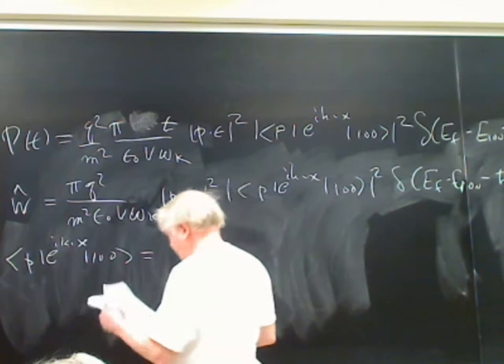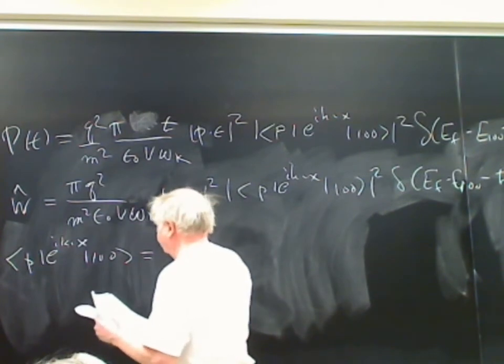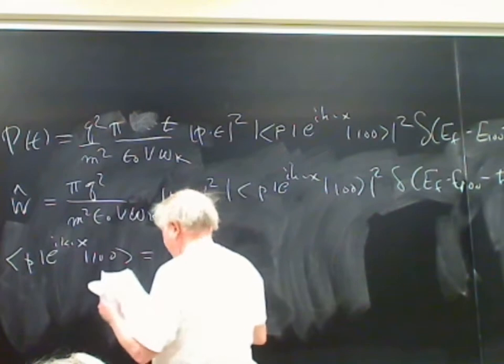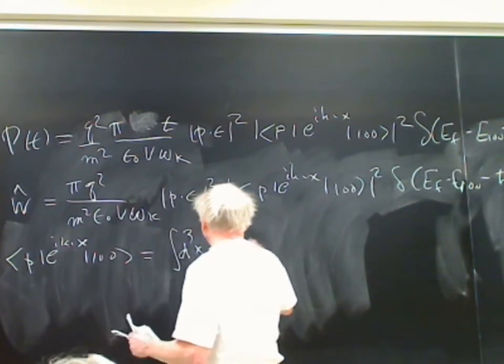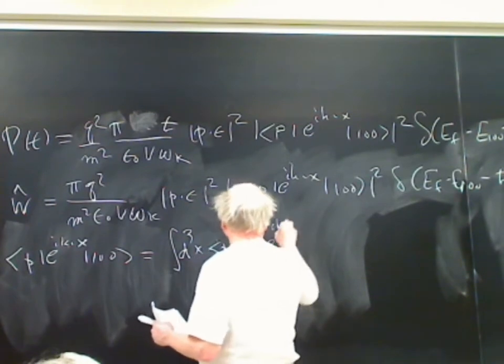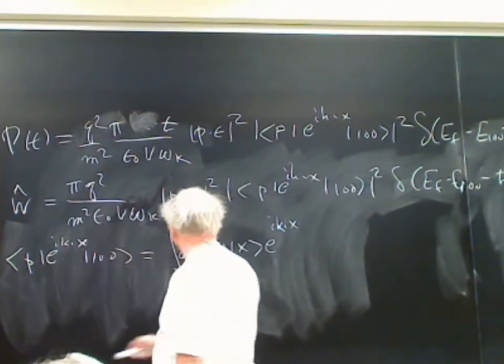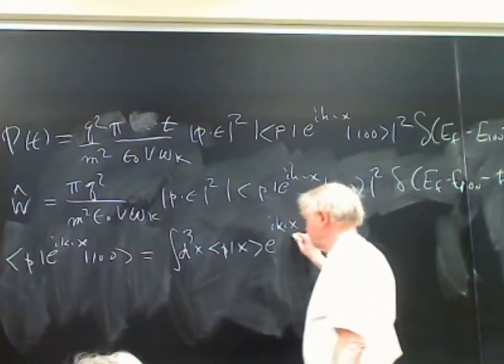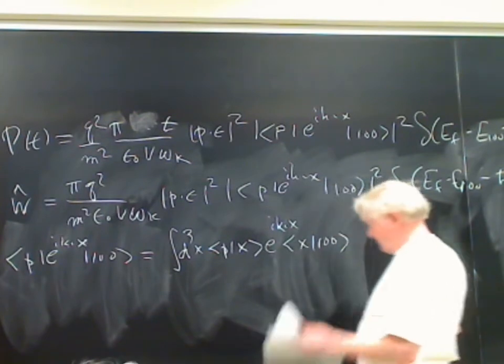So we're going to do this correctly, and what we have then is we're going to insert a complete set of states. So we have ⟨p|x⟩, e^{ik·x}. Remember, this x is really the x operator, and so it feeds off this |x⟩, and then we have ⟨x|100⟩. That's our matrix element.